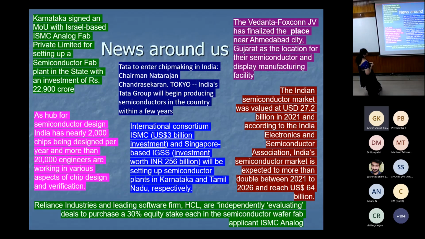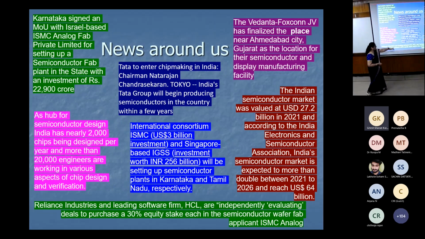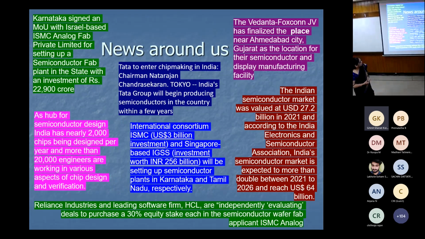So what does all this indicate? Again, there are talks that Reliance and HCL are also considering getting into semiconductors. We are also seeing that Vedanta and Foxconn have already signed a deal, right? And they have also already started working in a place to set up a fab. So what does it all indicate to us? Let's see what the takeaways from this are.